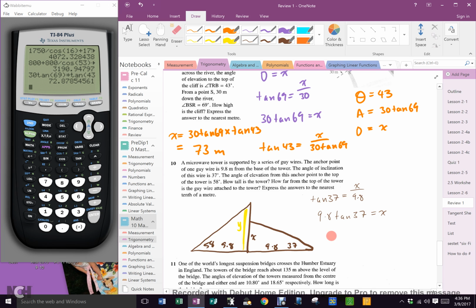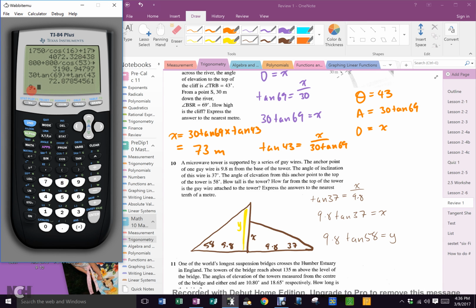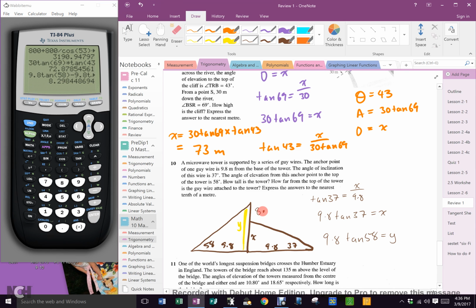Y is going to be 9.8 tan 58 equals y. Then I just got to subtract them. So I go 9.8 tan 58 minus 9.8 tan 37. And I get 8.29. Oh, the question says nearest tenth, so 8.3.